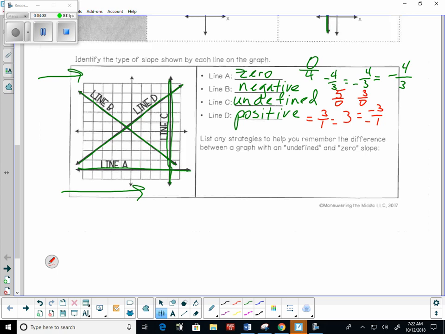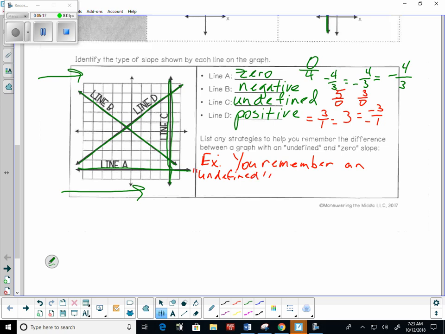Okay, so list any strategies to help you remember the difference between a graph with an undefined and zero slope. So we could say an example could possibly be, you remember, C-R-E-M-B-E-R, and undefined, an undefined slope.